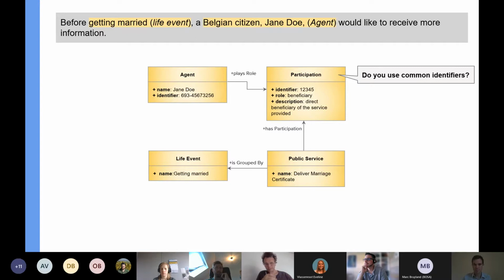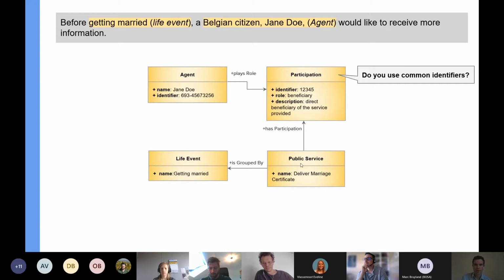At a later point in time, other identifiers will come into play, but at this point it's only about what the live event is, what the public service is, and, for example, what role you're trying to engage within the public service. I think those are the common identifiers that we need to have in place.